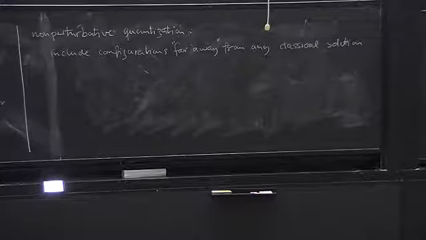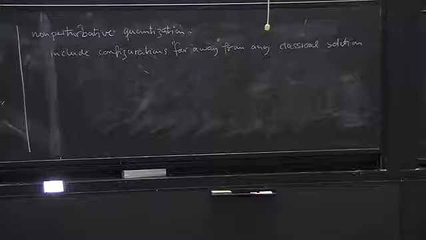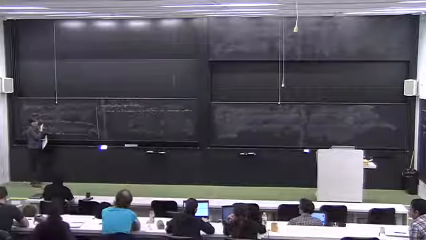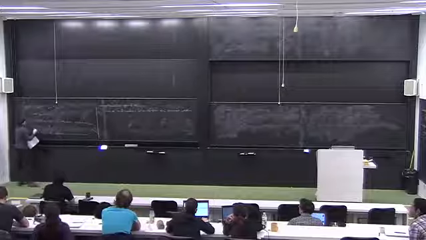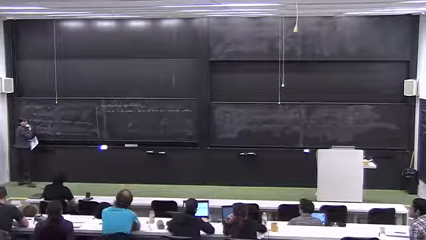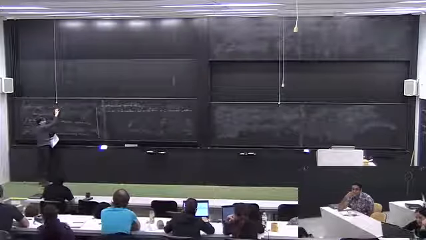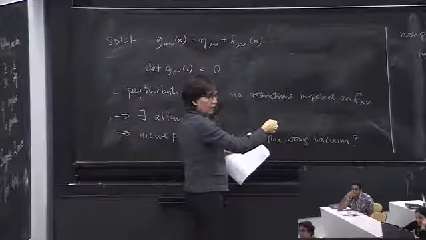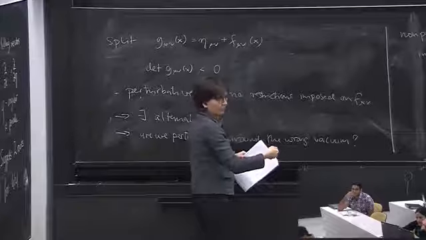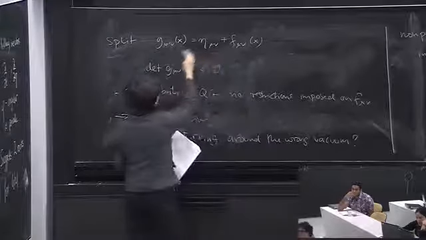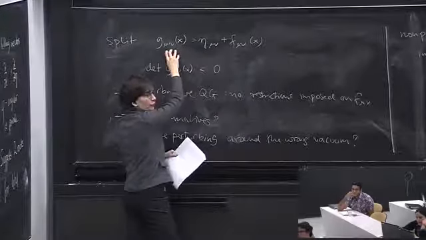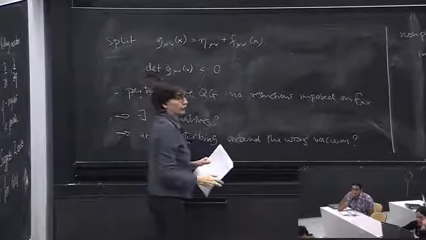If f mu nu is small, then of course you're just perturbing in the vicinity of the Minkowski metric, which has the correct signature, and it will satisfy this. The only problem you start running into is if f mu nu entries become of the order 1, and then you can run through zeros of the determinant of g mu nu if you don't have any further restrictions on f mu nu.